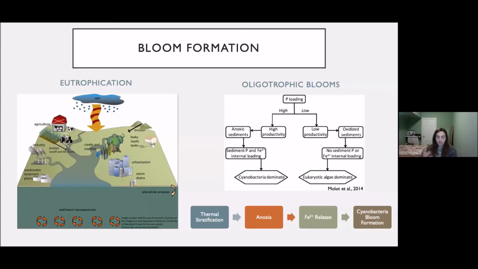Certain species of cyanobacteria are actually able to migrate into these anoxic waters in order to secure ferrous iron and phosphorus from the sediment-water interface in order to promote population growth. And it also allows them to outcompete eukaryotic algae. So that's the diagram on the right.